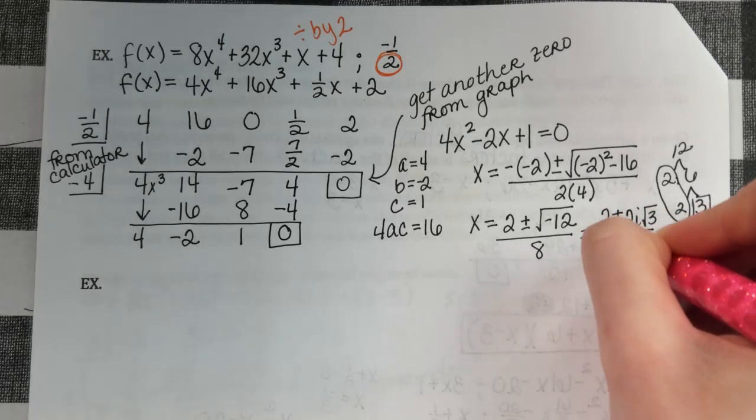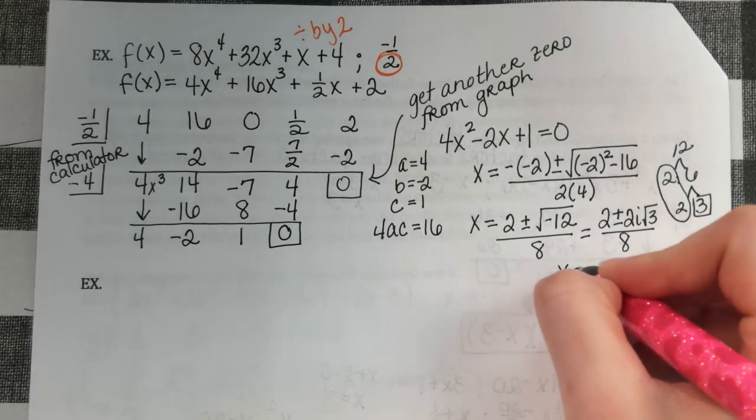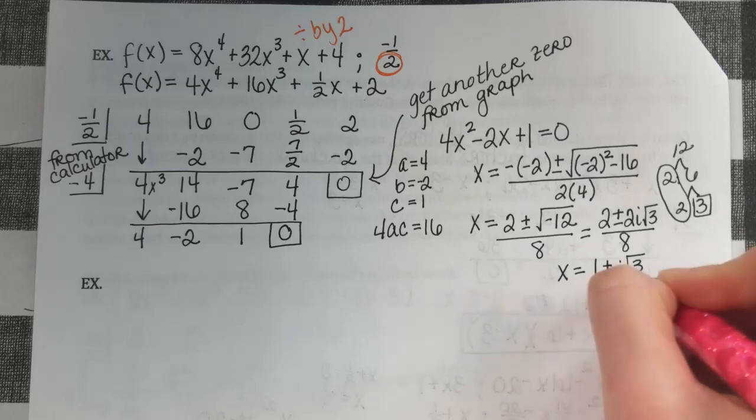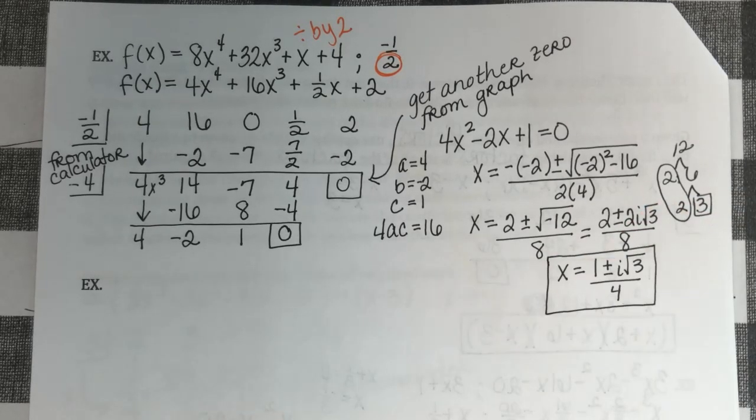All over 8. Then what happens with that? Divide it by 2, so x equals 1 plus or minus i square root of 3 over 4. So that's my answer whenever I do quadratic formula.